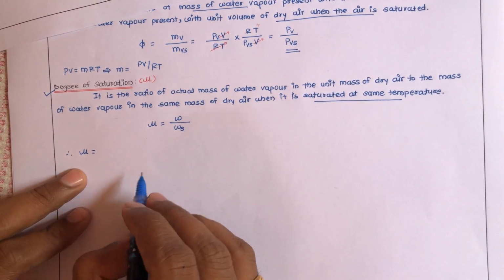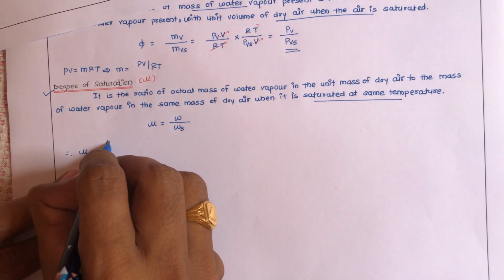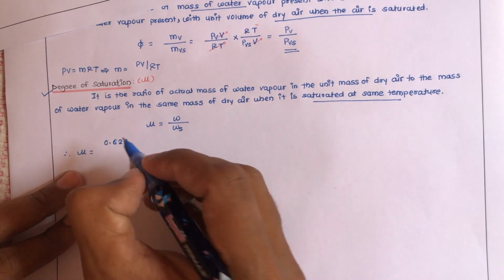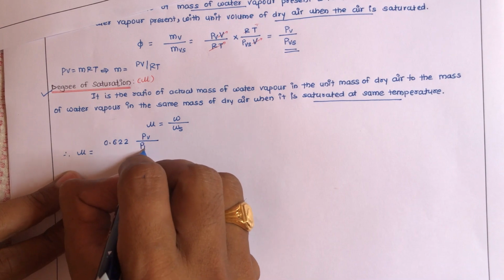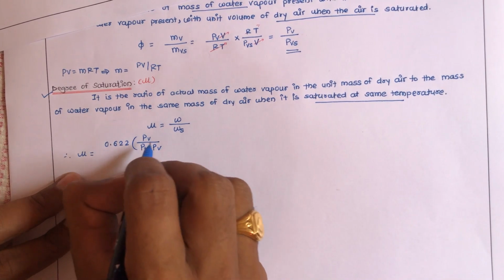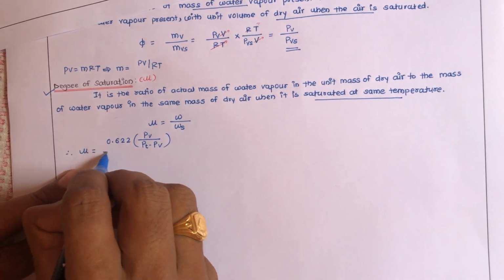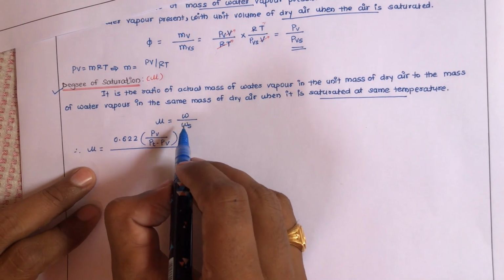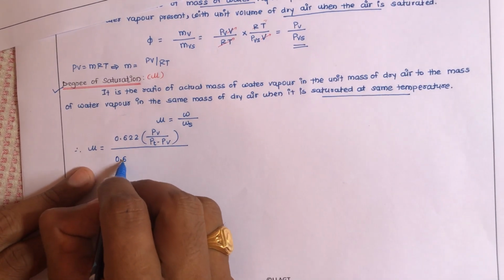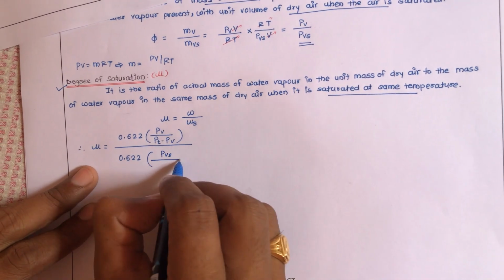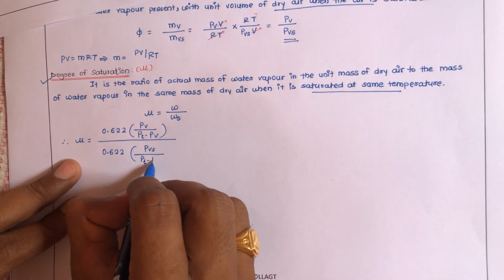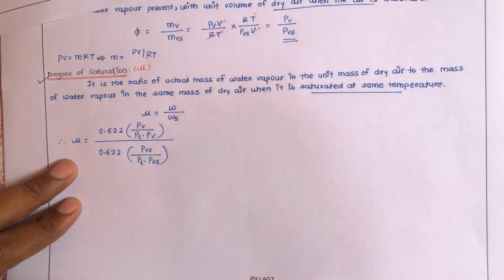Mu is equal to, value of omega is 0.622 into Pv divided by Pt minus Pv. This is nothing but omega. Now similarly how can we write for omega s? That is 0.622 into Pvs divided by Pt minus Pvs.